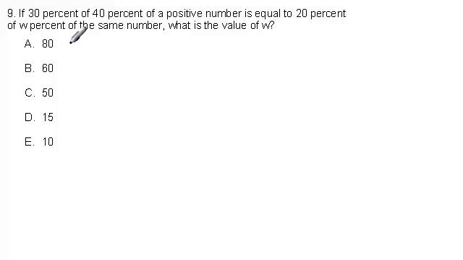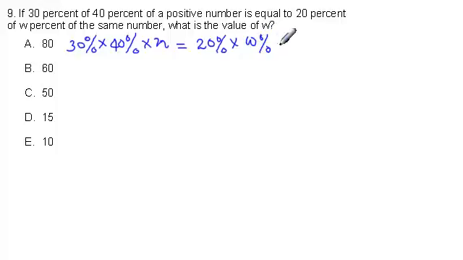This equation is going to be 30% of, and "of" means times, 40% of a number, let us say the number is n, is equal to 20% of W% of the same number, which is going to be n.